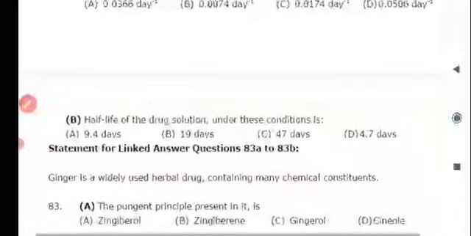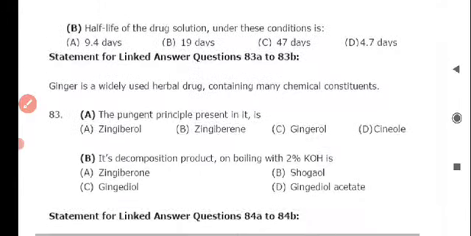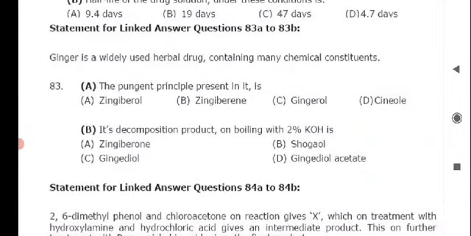Now part B for this question is, half-life of the drug under these conditions is, and the correct answer is option B, that is 19 days. Now the next statement is, ginger is a widely used herbal drug containing many chemical constituents.